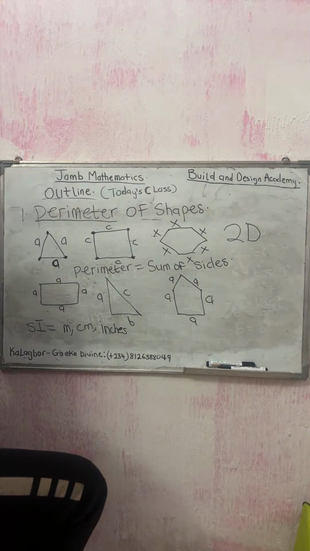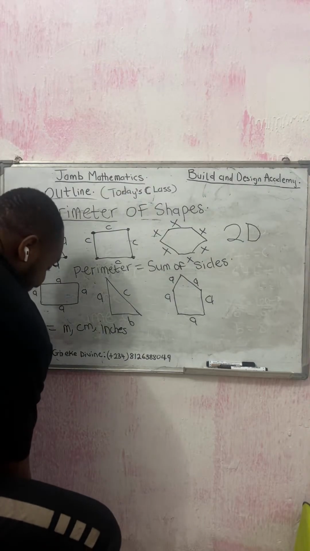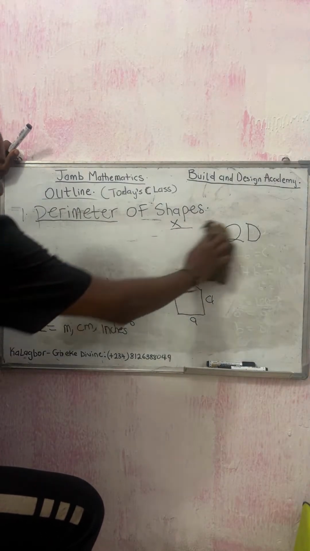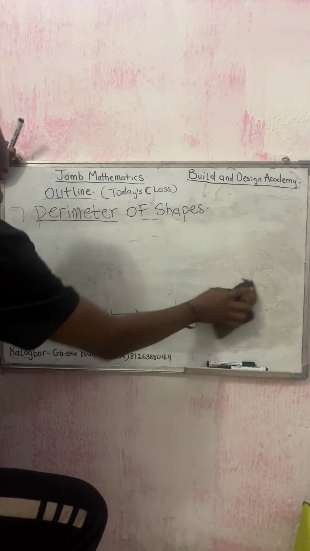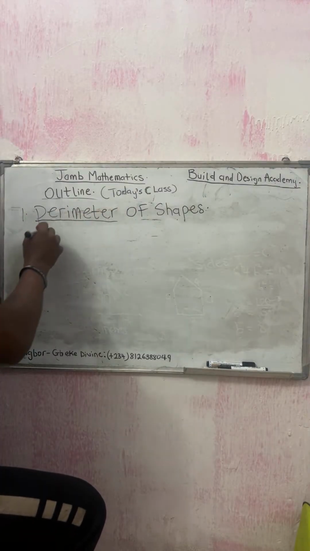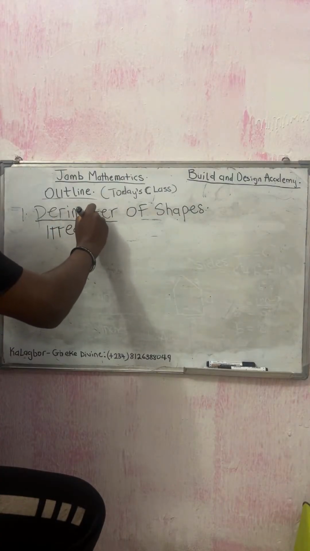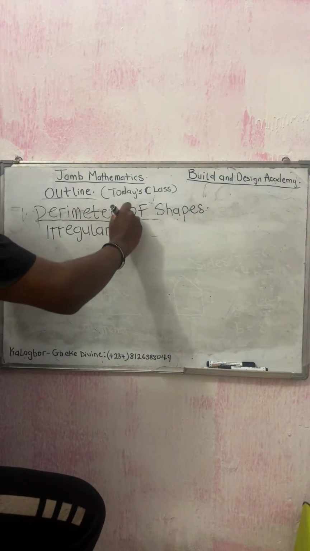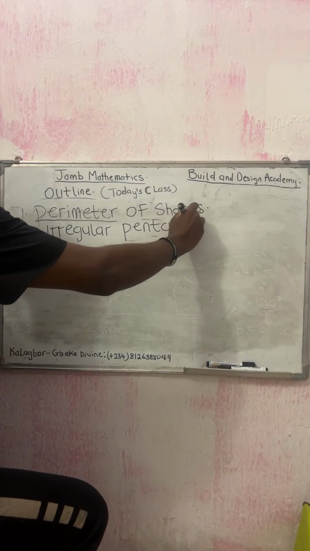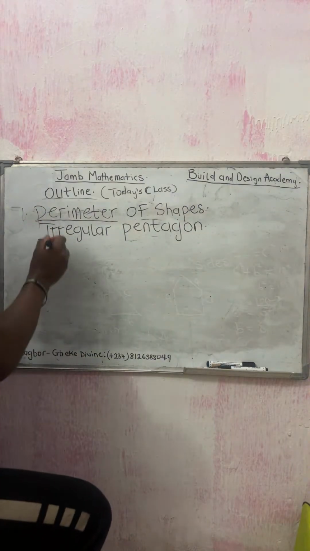Now let's look at an example of an irregular pentagon.